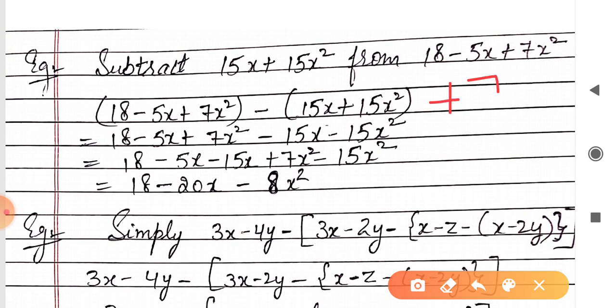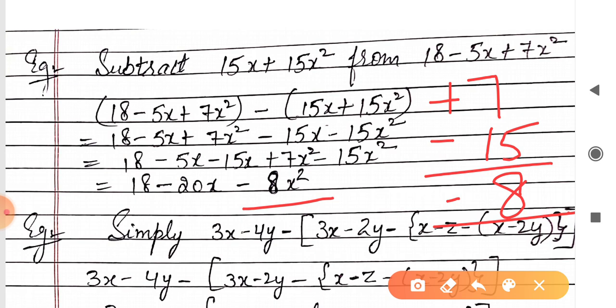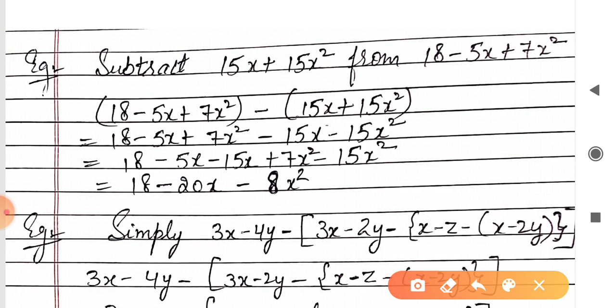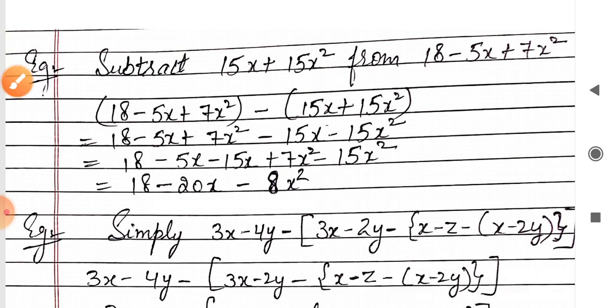Plus 7 minus 15 will be equal to minus 8. So write here minus 8x square. So this is the answer, 18 minus 20x minus 8x square.